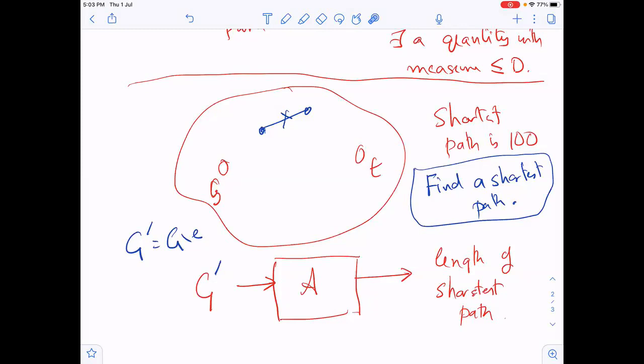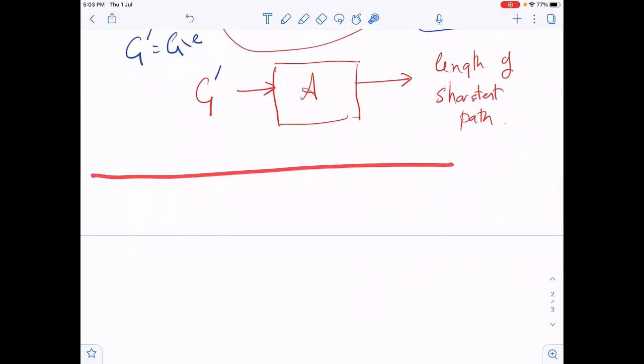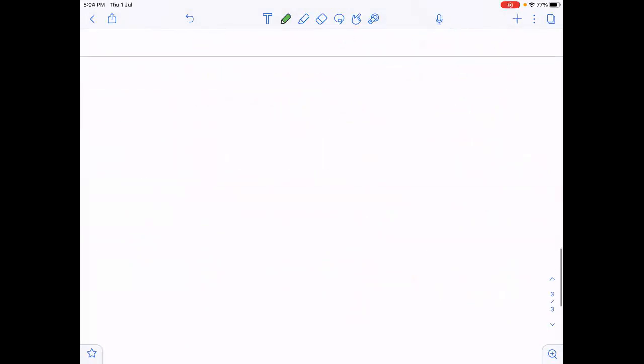Now let me go over this polynomial bit a bit. Sorry, this is something very essential. When I say that a problem P has a polytime algorithm, what do I mean by that?